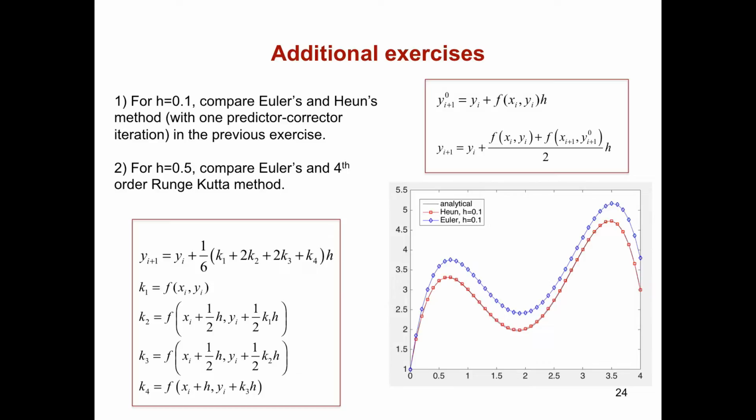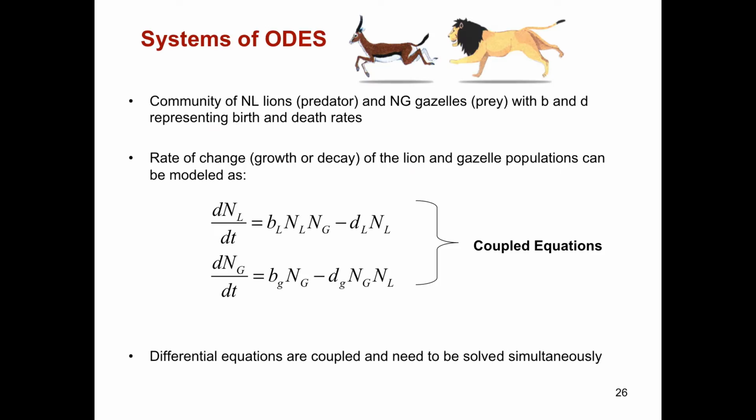I just want to comment on one more thing, which is that we could also be solving systems of ODEs, and whatever we talked about for solving one ordinary differential equation actually applies to a system. So if I had a system of two, not just one, I have dy dx, I might have another function, z, okay?